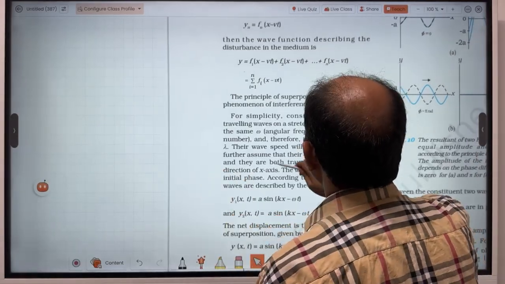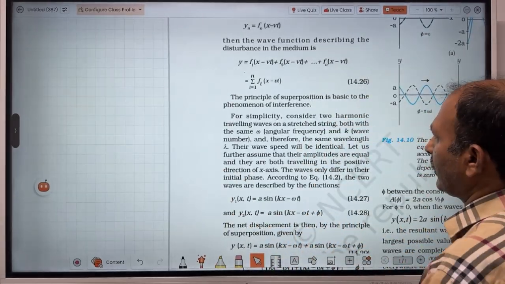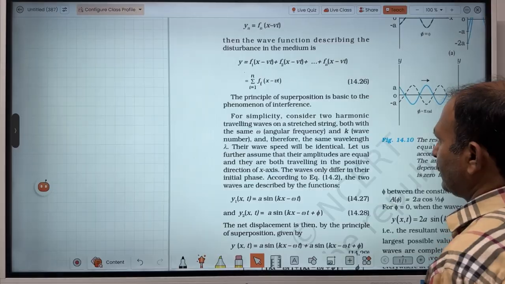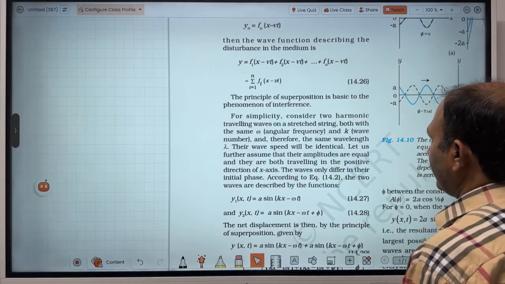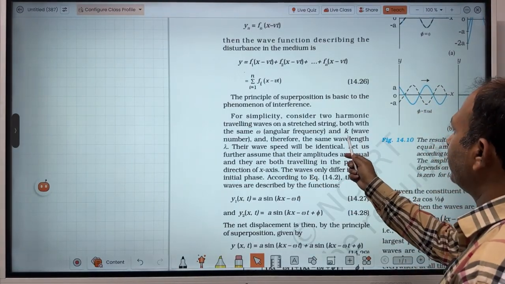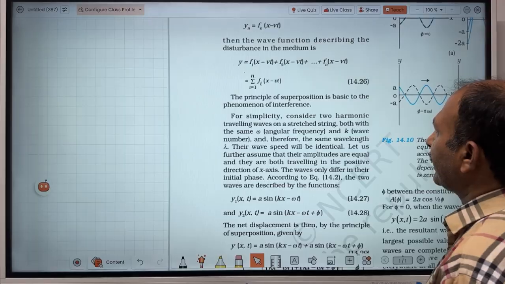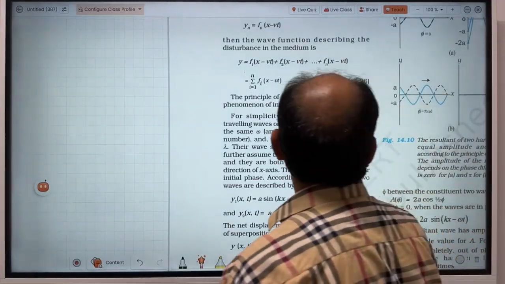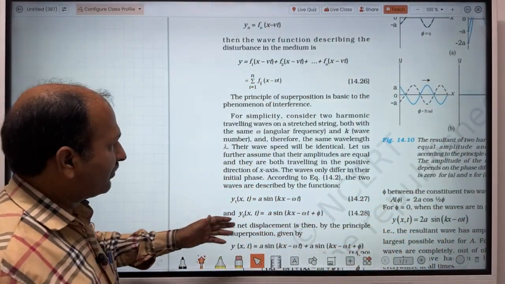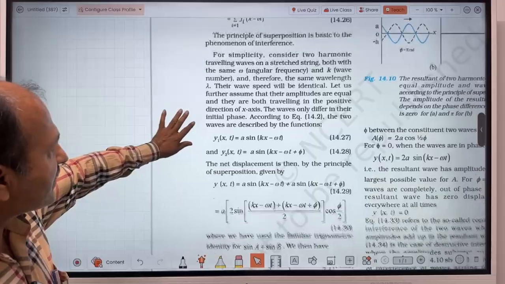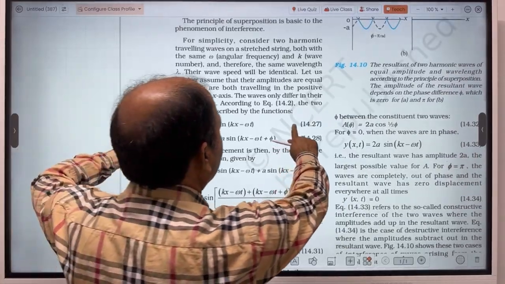Now for simplicity we consider only two harmonic waves traveling on a stretched string, both with the same angular frequency omega and wave number k. So the wavelength will also be the same. Here the equations are given.